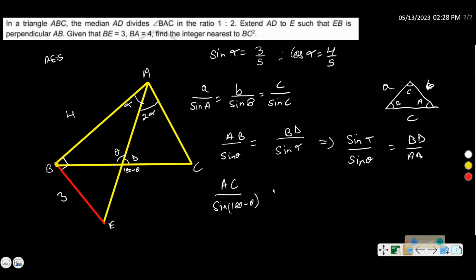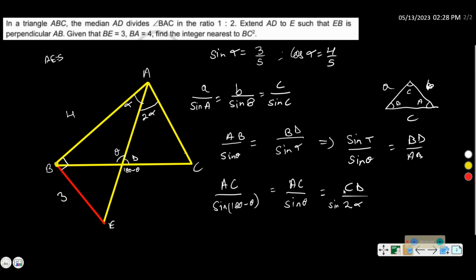I think we know that sine of 180 minus theta equals sine theta, so AC by sine theta, and this also equals CD by sine 2 alpha.